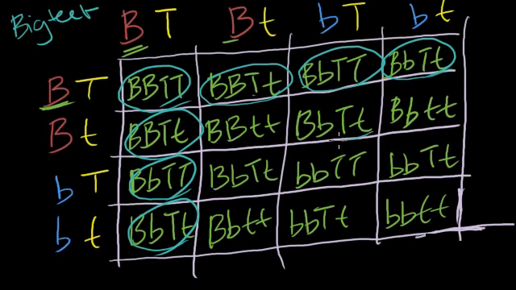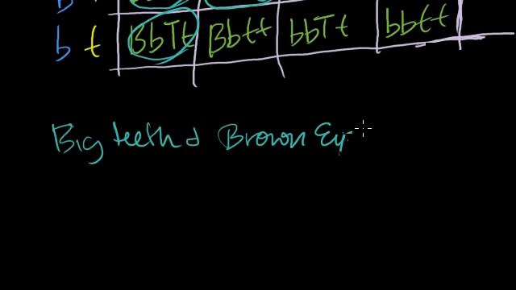This is brown eyes and big teeth right there, and this is also brown eyes and big teeth. They're heterozygotes for each trait, but both brown eyes and big teeth are dominant. So these are all phenotypes of brown eyes and big teeth. So how many of those do we have? We have 1, 2, 3, 4, 5, 6, 7, 8, 9 of those. So we have 9 brown eyes and big teeth.